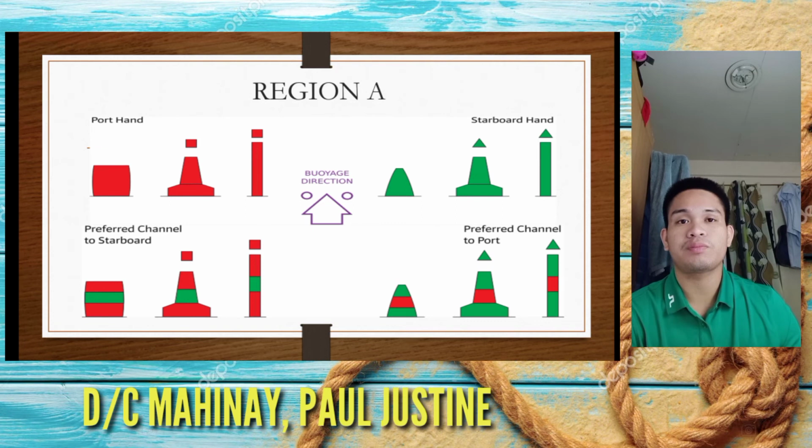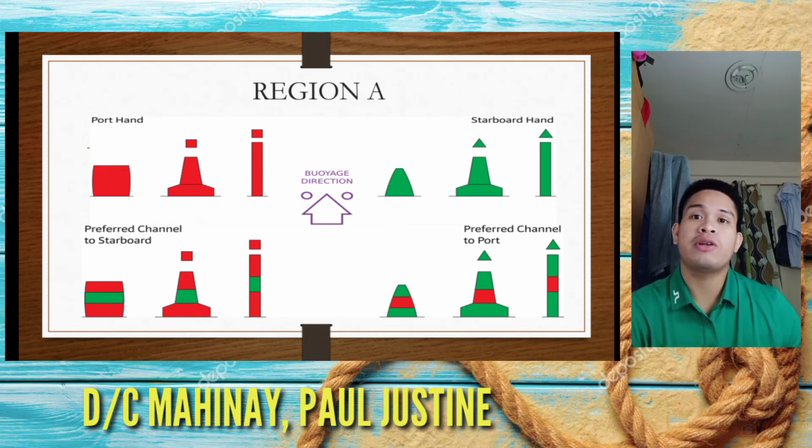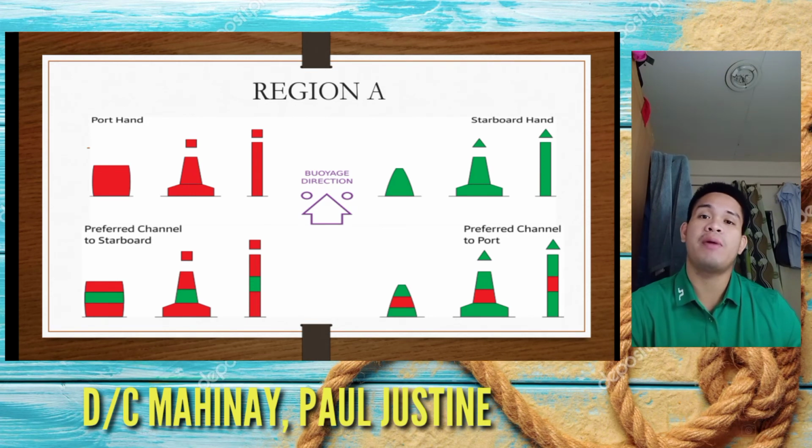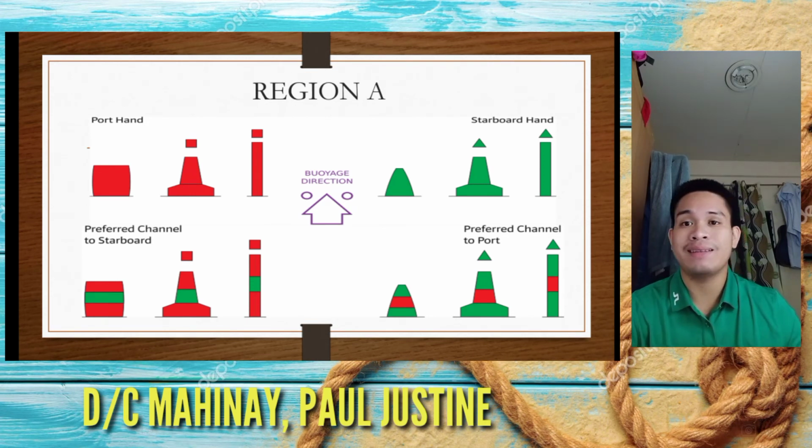Always remember the color of the lateral marks if you're going to preferred channel to port or preferred channel to starboard. Take note that where port or starboard marks do not rely on can or conical buoy shapes for identification, they carry the appropriate top mark where practicable.